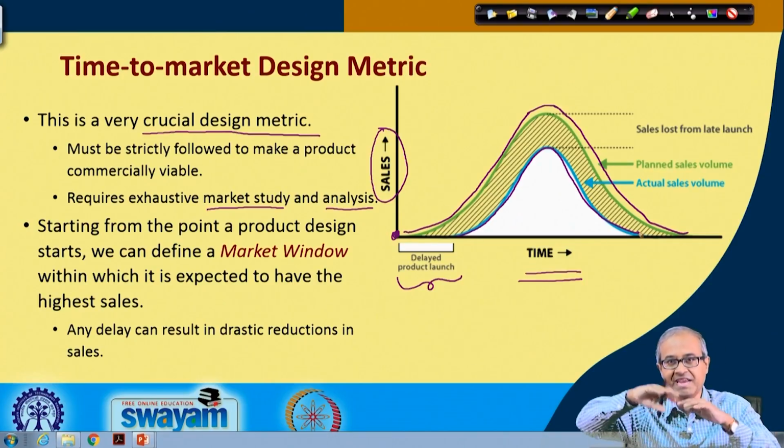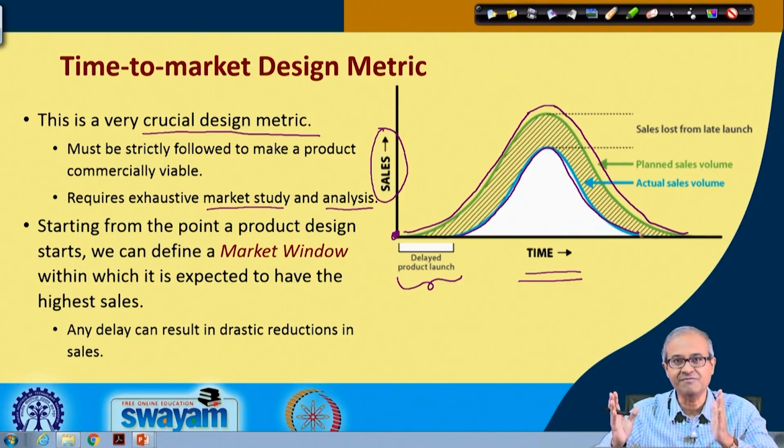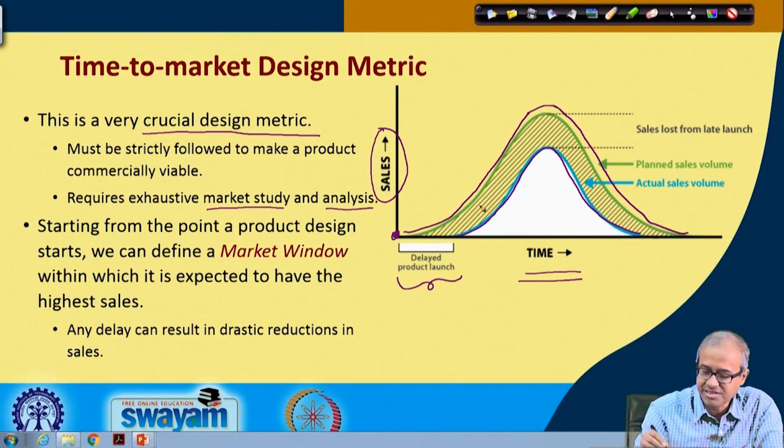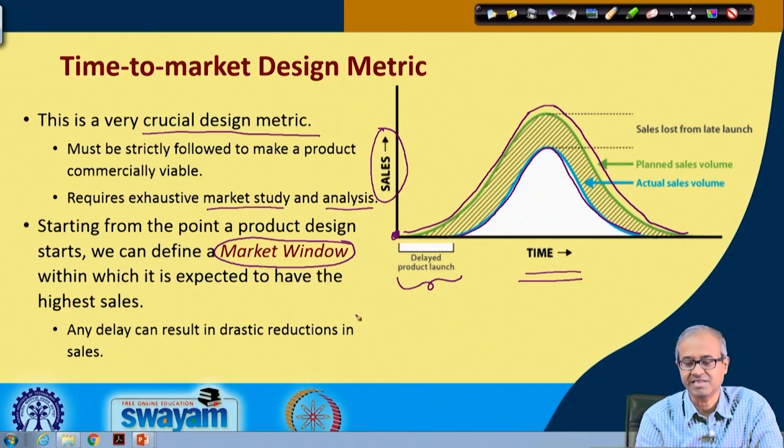The total area under this curve denotes your total revenue, how much total sale you have been able to make over that period of time. This area under the curve is defined as the market window. So, any delay can result in a drastic reduction in sales.